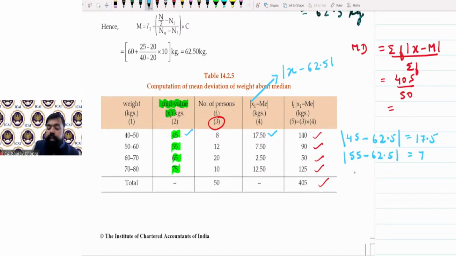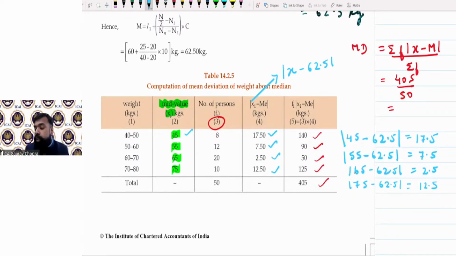You will get 7.5. Then 65 minus 62.5, you will get 2.5. And at last, 75 minus 62.5, this will give you 12.5. So these are the 4 figures. So in this way, you have to take the deviation. Okay. Nikita says crystal clear, sir. Great.